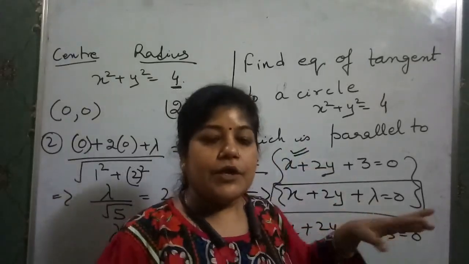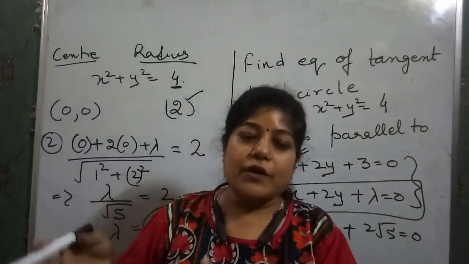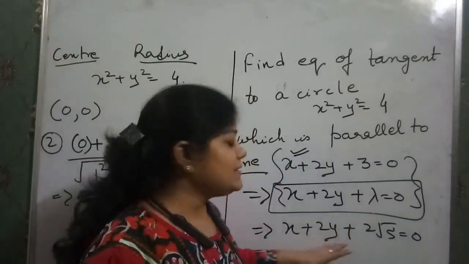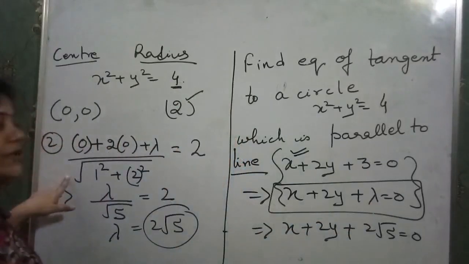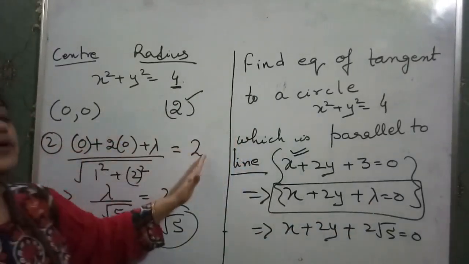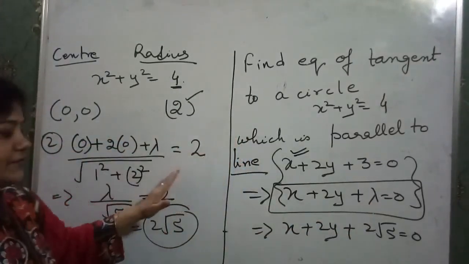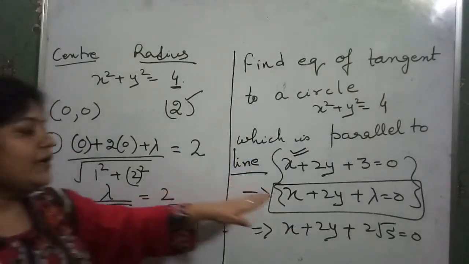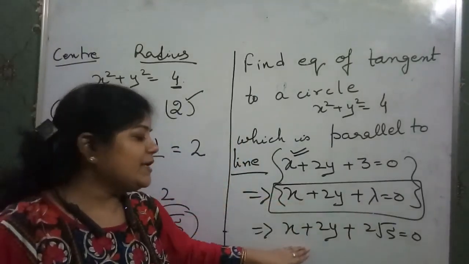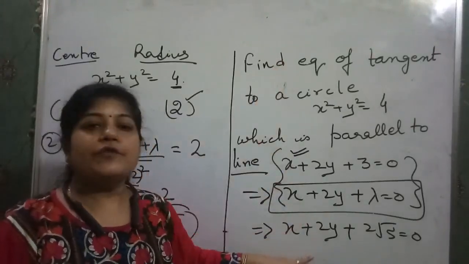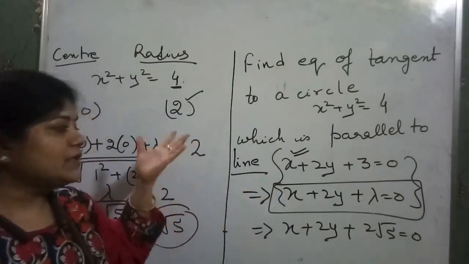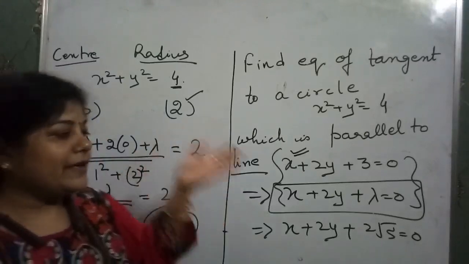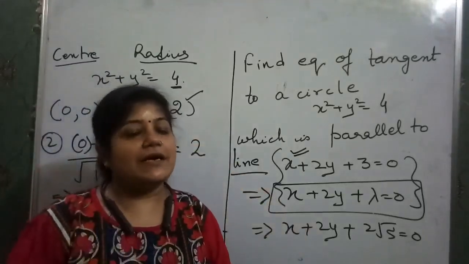Now put the coordinates of the center in this line, find the perpendicular distance, and make it equal to the radius of the circle. After that you will get the values of lambda. Put those values of lambda in that equation, and ultimately you get the equation of the tangent to the circle. Now I am using this concept again in the case of the general standard form equation of a circle.